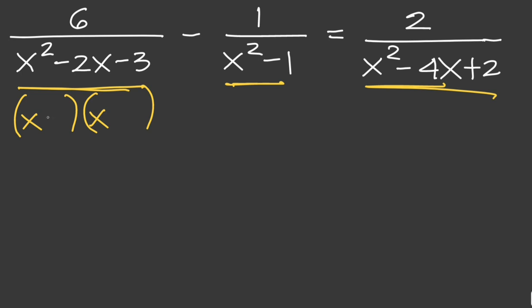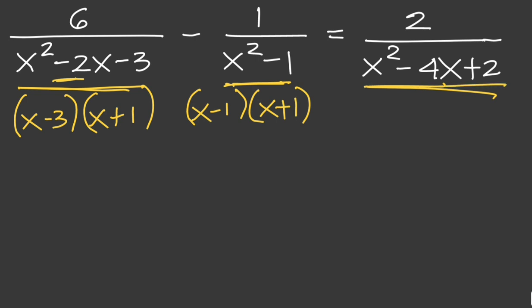That would be negative 3 and 1, because the coefficient of the middle term is negative, so the larger number should be negative. So that would be x minus 3 times x plus 1. And this one is the difference of two squares. We can write this as x minus 1 times x plus 1.